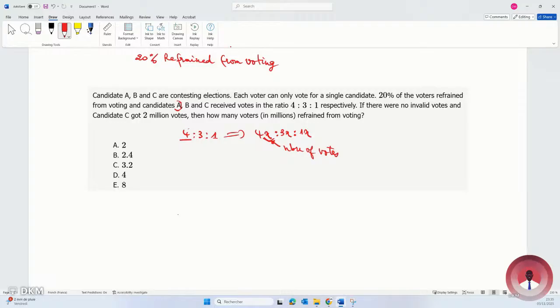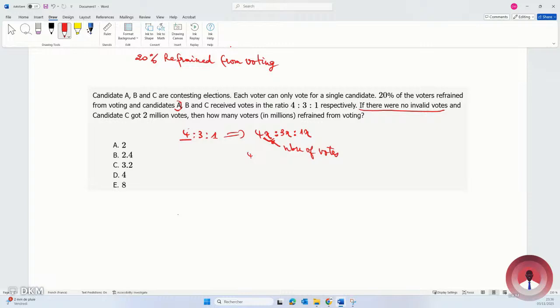The relationship between votes of A, B, and C is that for 4 votes of A, we will have 3 votes of B and 1 vote for C, respectively.